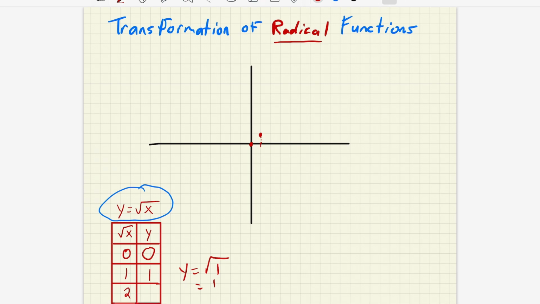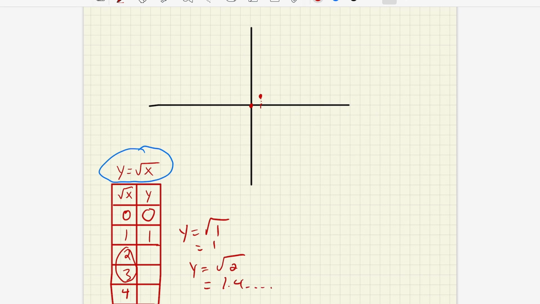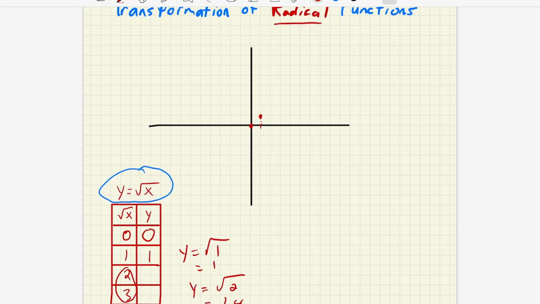Now, for these two values, 2 and 3, if I plug in y is equal to root 2, with 2 as the input or the x, that'll give me something approximately 1.4, etc. And that's going to be really hard to approximate on this graph. So I'm going to skip that value for now, because that's not a very easy readable y output, 1.4, and then of course the rest would be just decimal points.